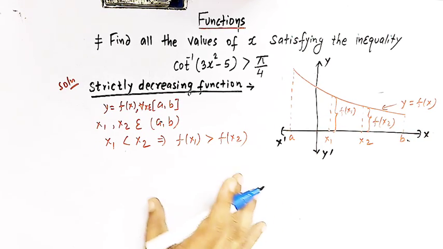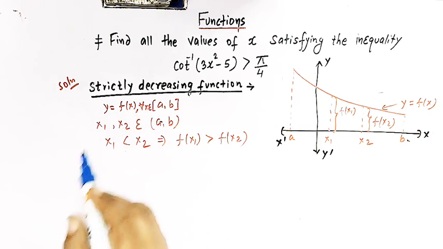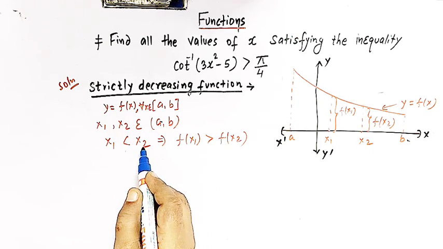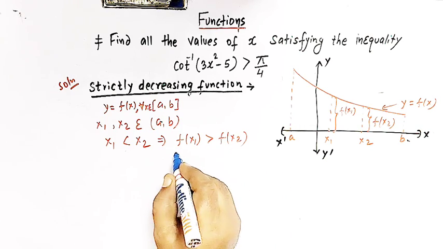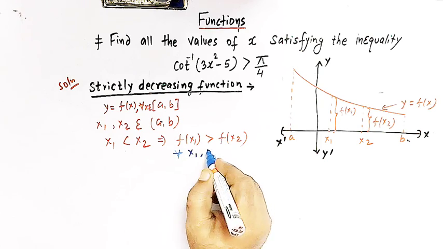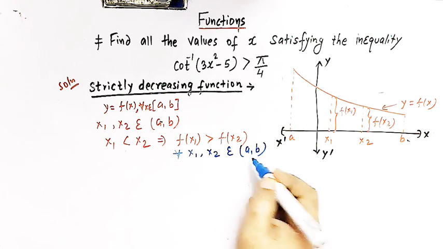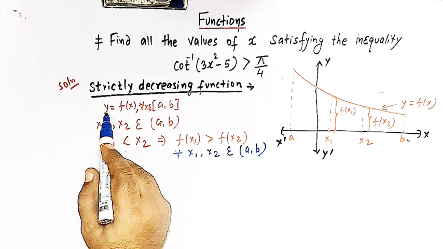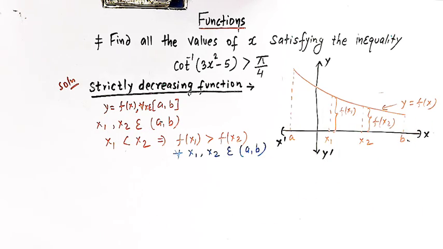So now we can conclude that if we have a function y is equal to f of x, and if x1 is less than x2 implies that f of x1 is greater than f of x2 for all values of x1 and x2 belonging to the open interval a comma b, then the function y is equal to f of x is said to be strictly decreasing.